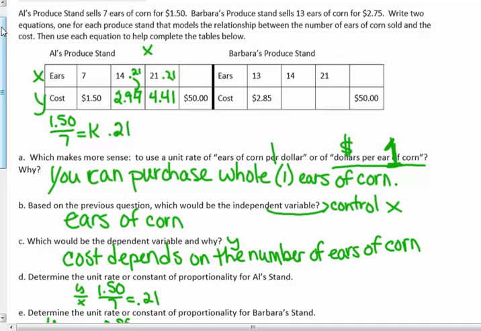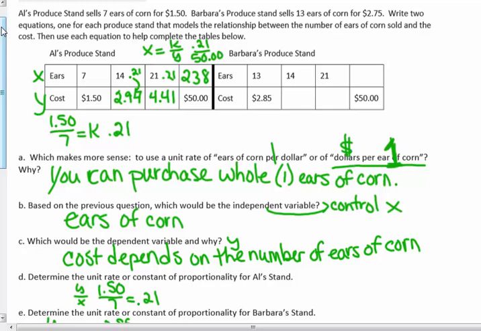Remember, we figured this out, that x is equal to y divided by k. Well, I know what the k is. The k is 21 cents. If I take the $50 and divide it by the 21 cents, wow, we're buying lots of ears of corn. Yes, it's 238 ears of corn. Must be having a big festival or something, and we're going to sell ears of corn.